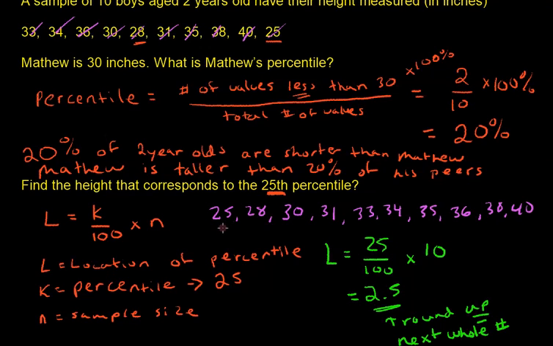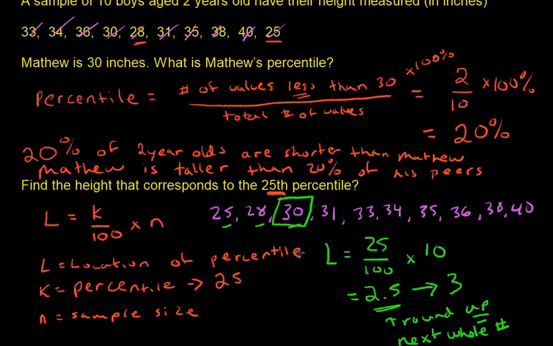So round up would be the third position. The 25th percentile would be someone who is 30 inches, so 25% of the 2-year-olds are less than 30 inches.